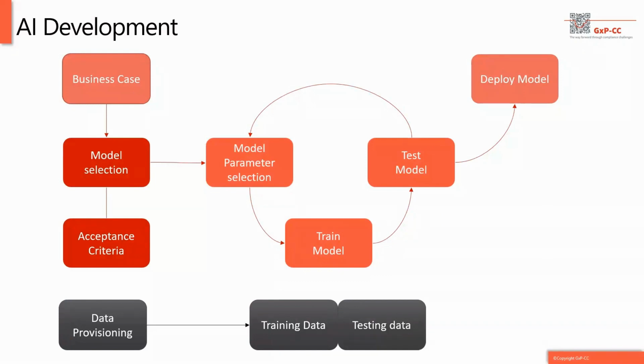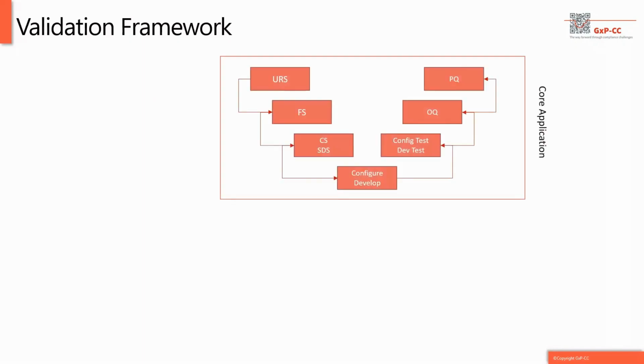So this is, without any great validation, already what we would do if we wanted to deploy an AI model. How does this fit into the normal validation framework? If you have anything to do with computer system validation, you will think this: a V model starting with user requirements, going step by step to the configuration. And we do exactly this in the core application, because usually the AI doesn't stand on its own, but there is some kind of business application around it.